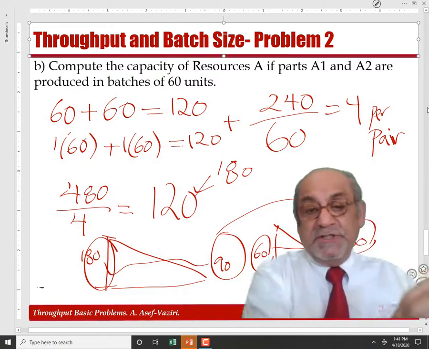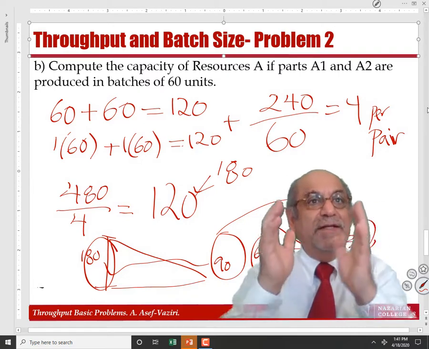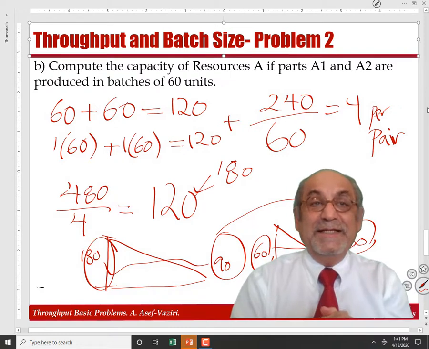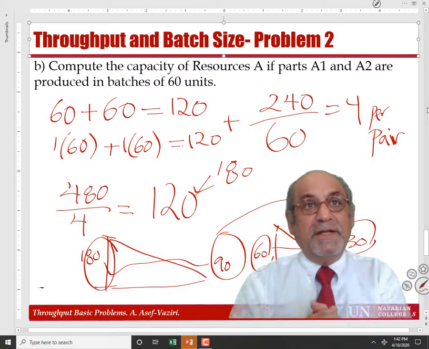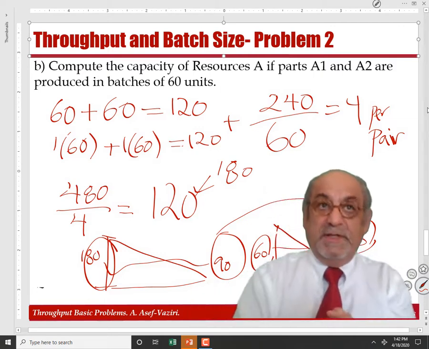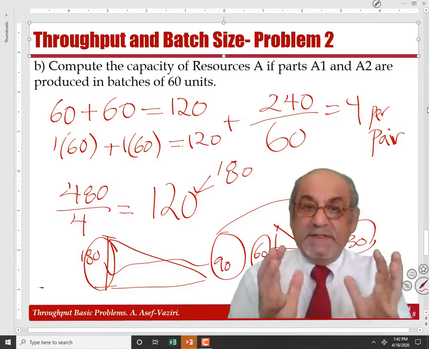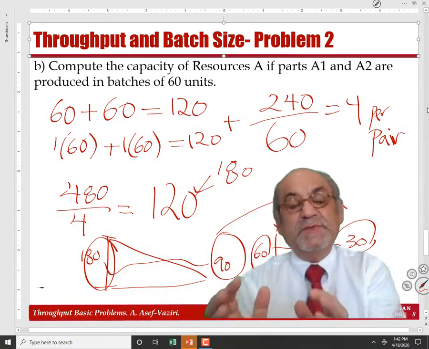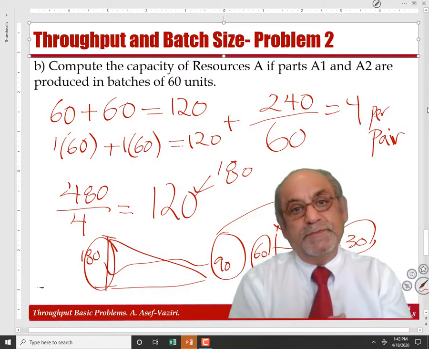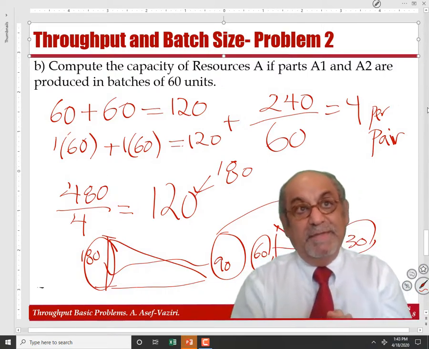Also, in the stations which feed the bottleneck, make sure they never leave the bottleneck hungry. The term that is used is starvation. Don't let the bottleneck starve. Always have product to feed the bottleneck. There are two terms, starvation and blocking. Starvation is when a station is waiting for input and the upstream station has not provided it, or the raw material is not available there.